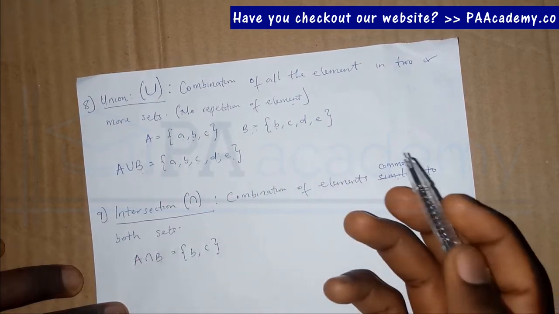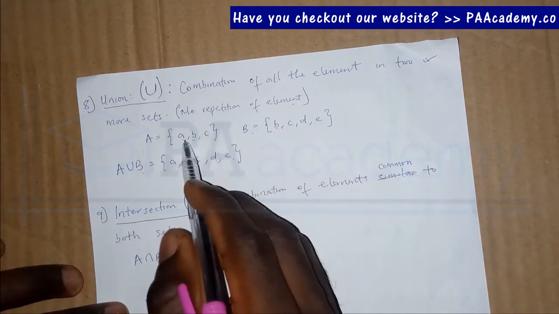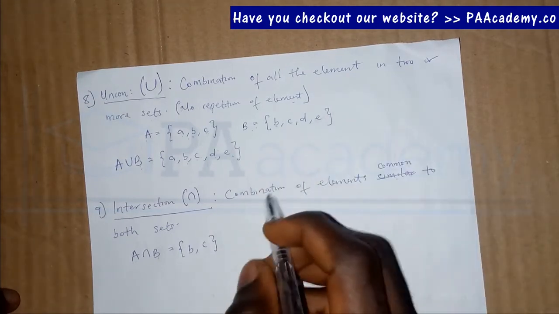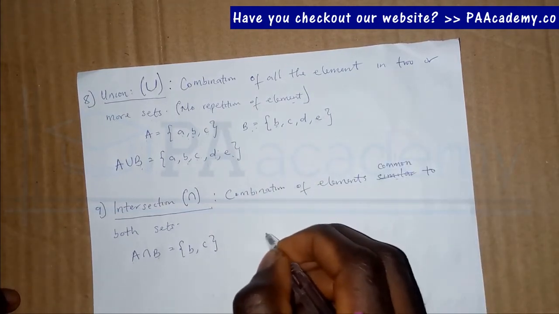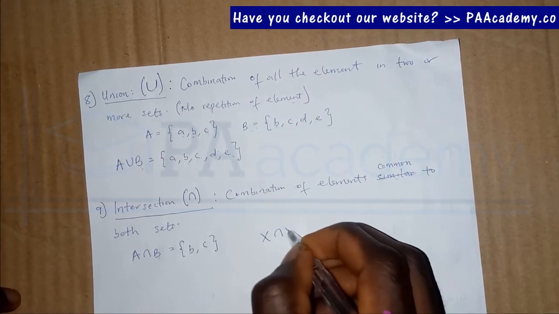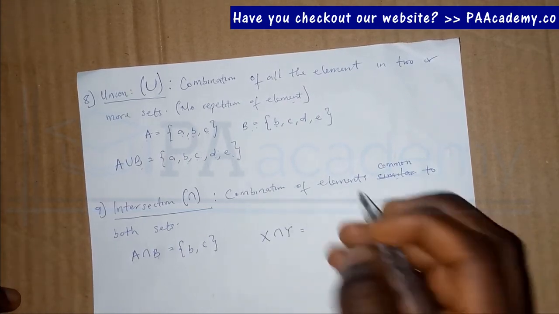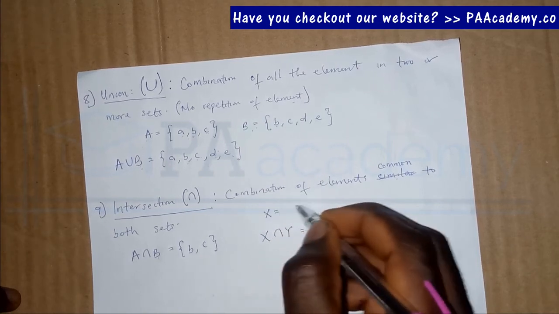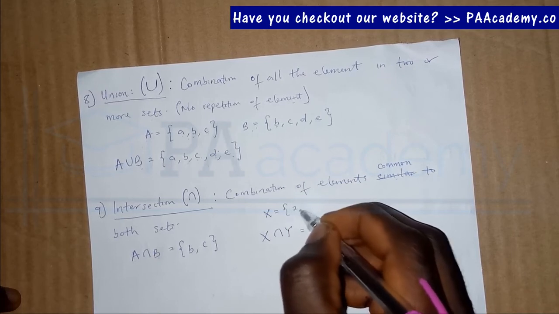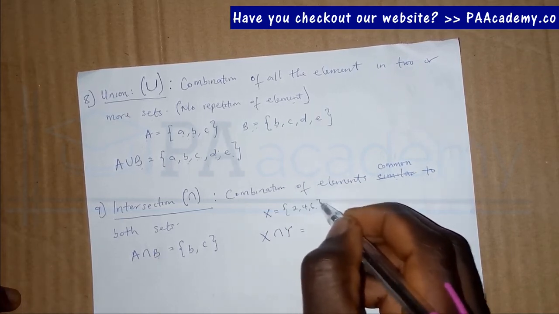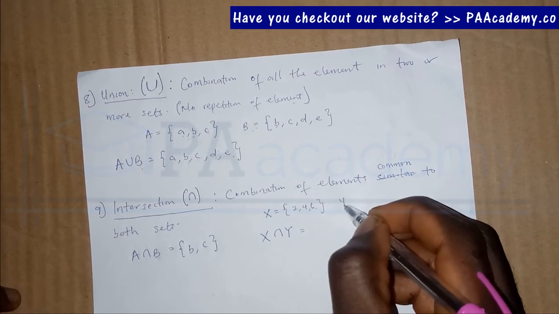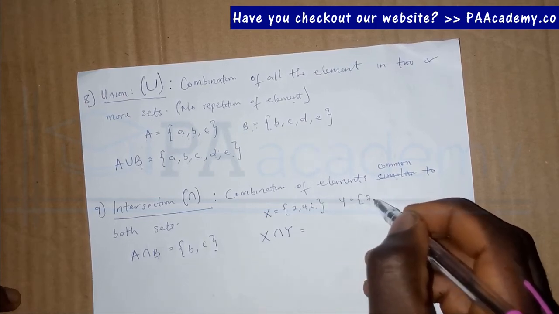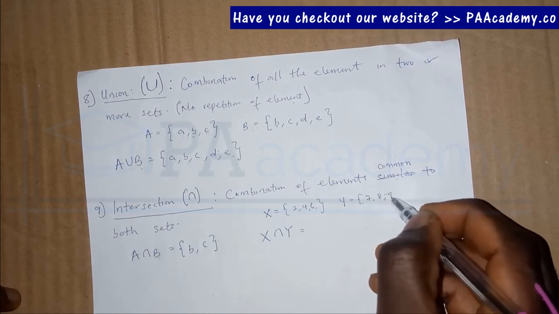Exactly. Now, if for any reason you are given a question and there is nothing common to the two sets you are considering, it's very simple. Let's say you are looking at set X intersection Y, and we have the elements in set X to be 2, 4, 6, and then we have the elements in set Y to be, let's say, 7, 8, 9.